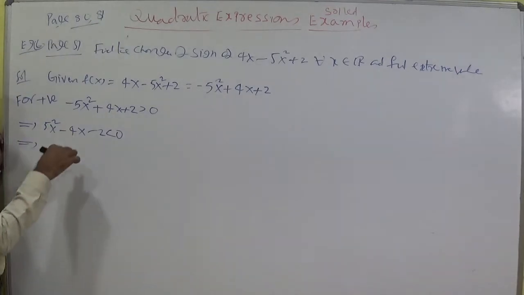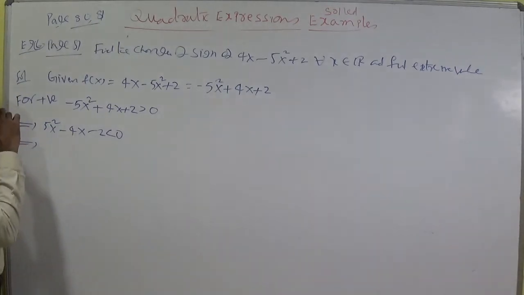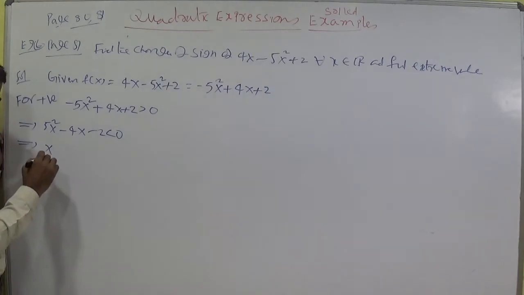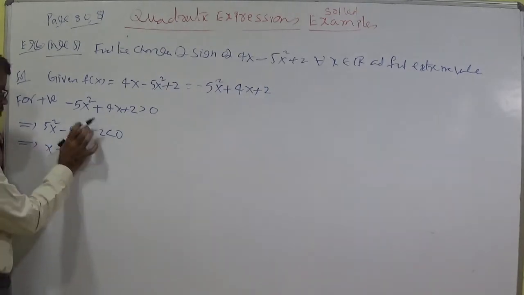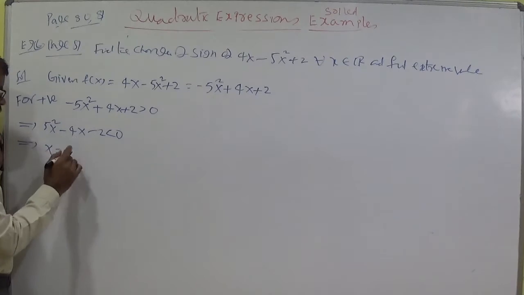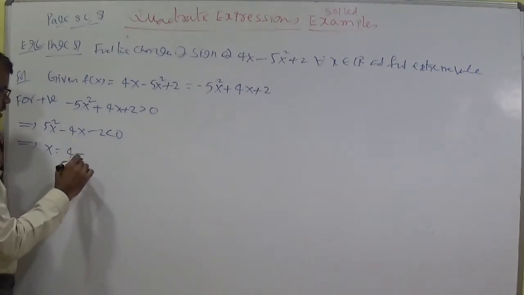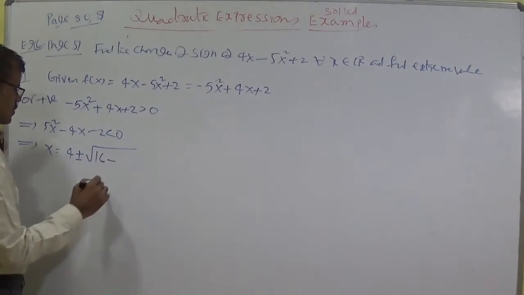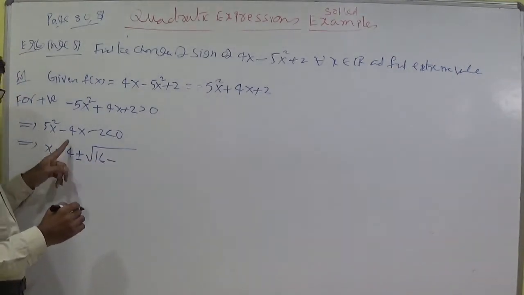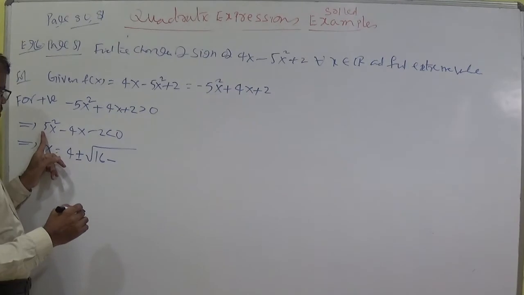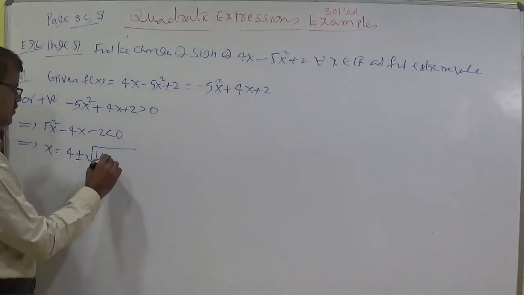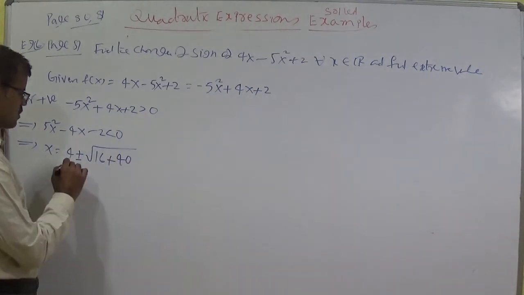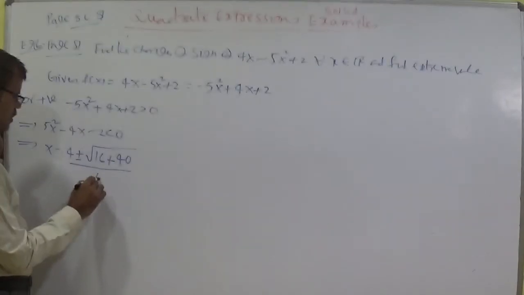5 2s are 10, depends upon this one. Now we have no proper factors, so you can use minus b plus or minus root b square minus 4ac by 2a. 4 plus or minus root b square means 16, minus 4ac: 4 5s are 20, 20 2s are 40, minus of minus becomes plus 40, by 10.